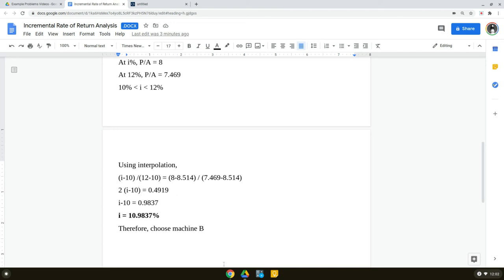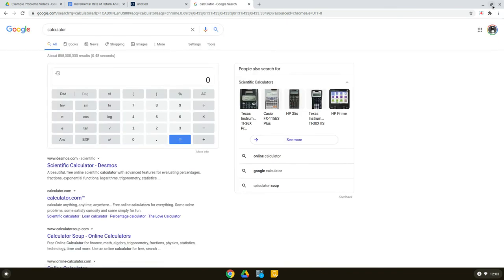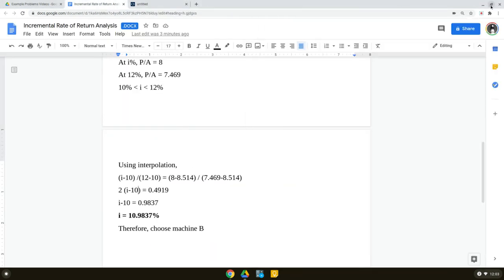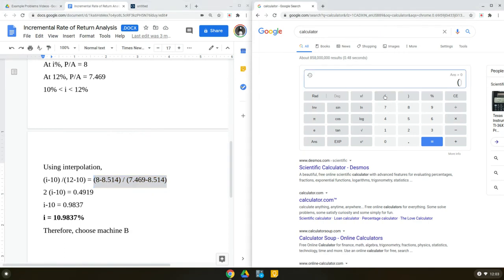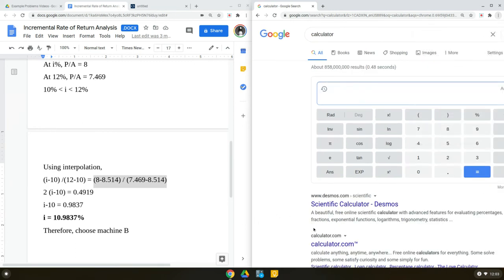So let me see if I can open a calculator, just to make it as simple for you. Let's first do the right hand side, right? I don't know whether you can see this calculator or not. Maybe I make it bigger. You will be able to see it now.